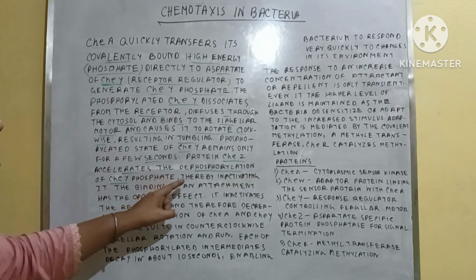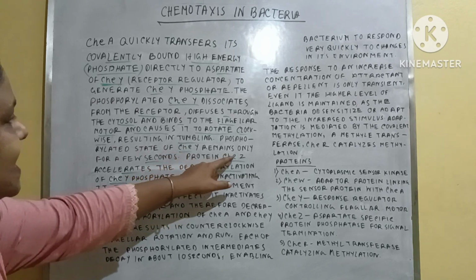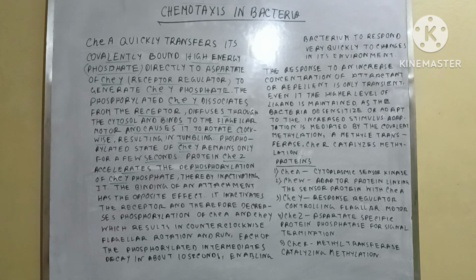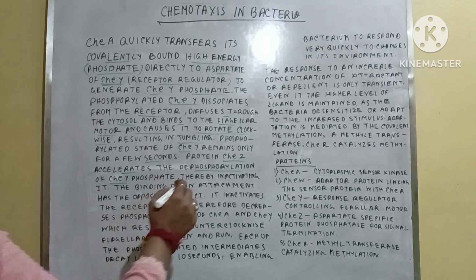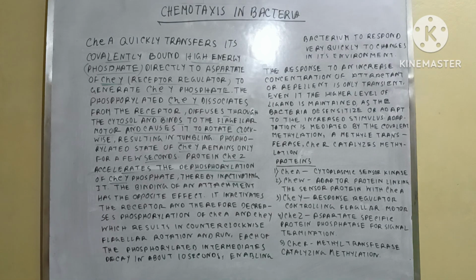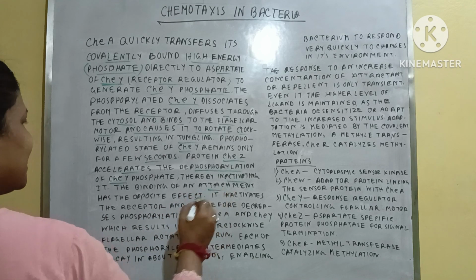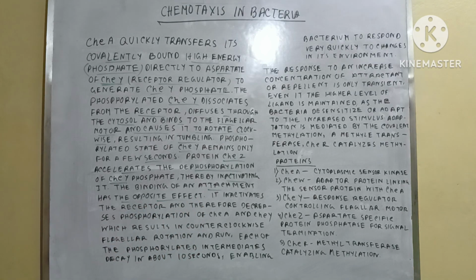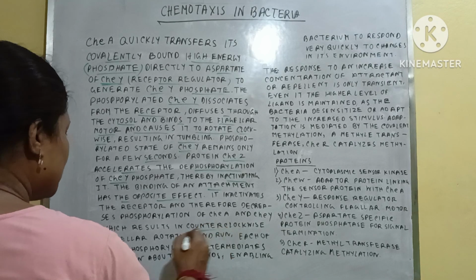But another protein, CHEZ, dephosphorylates CHEY, and as a result inactivation of CHEY is seen. Binding of an attractant has the opposite effect: when inactivation of CHEY occurs, that creates the counterclockwise rotation.